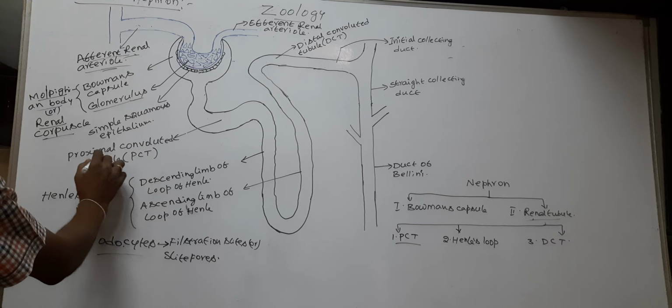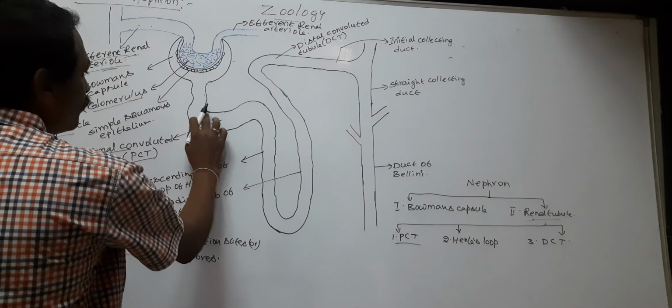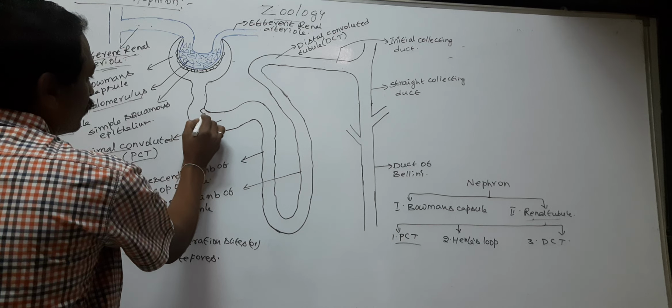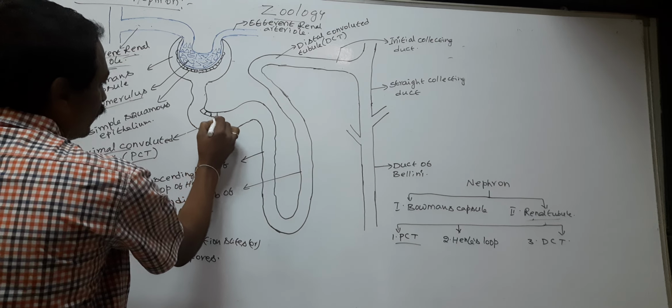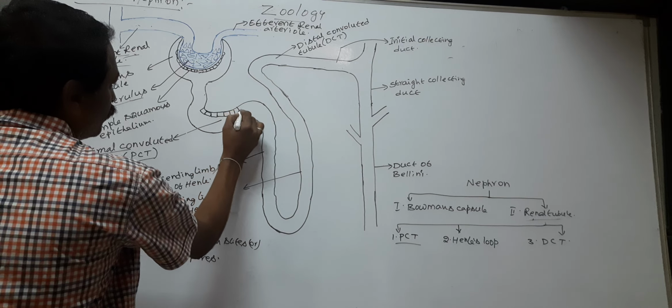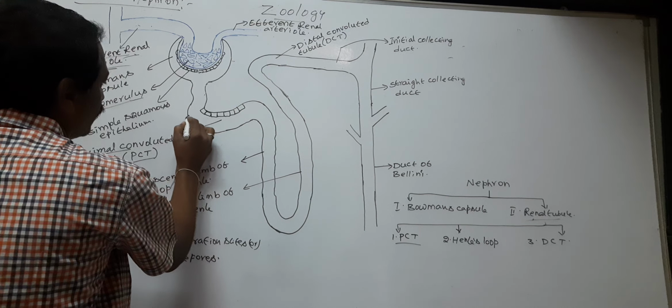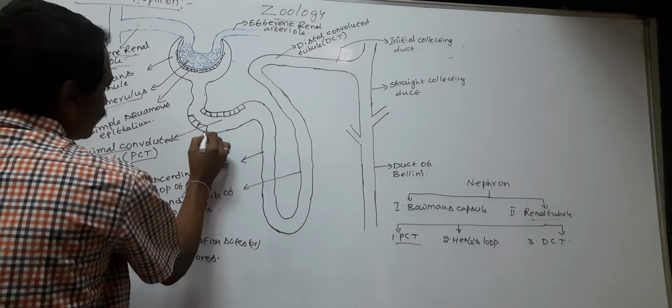The wall of the PCT is lined by simple cuboidal epithelium with microvilli.